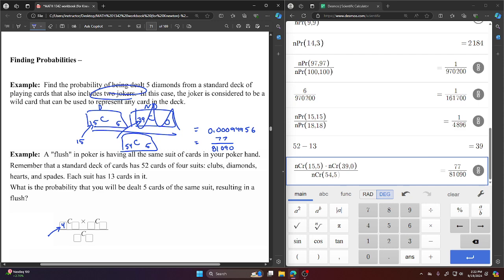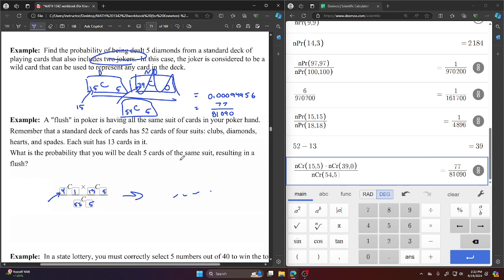Like one full suit because of the flush thing, right? How many from that suit do we have total? 13. And how many in my hand? 5. How many cards are in this deck? And how many are in my hand? Bam. Answer, blah, blah, blah, cheat. So we did that one.